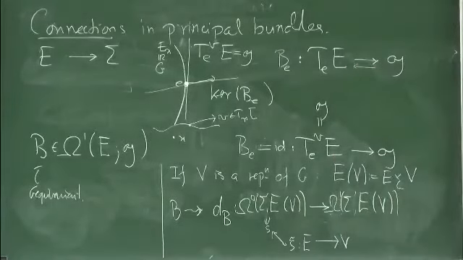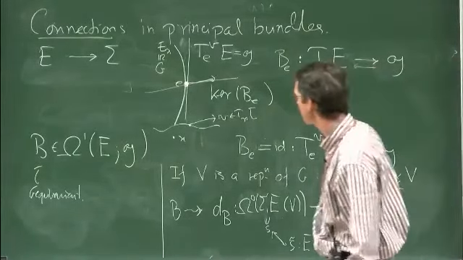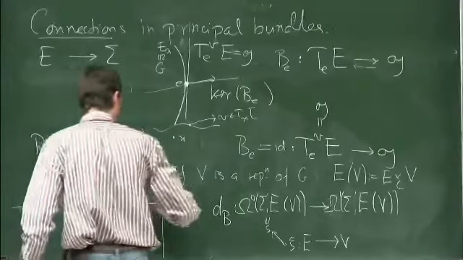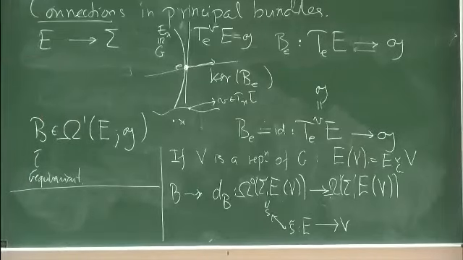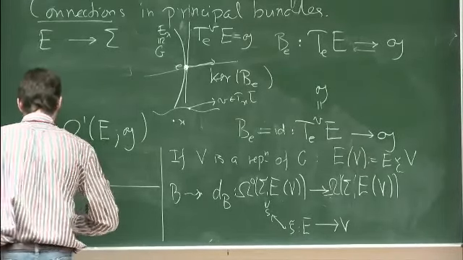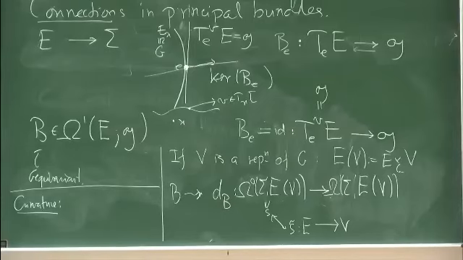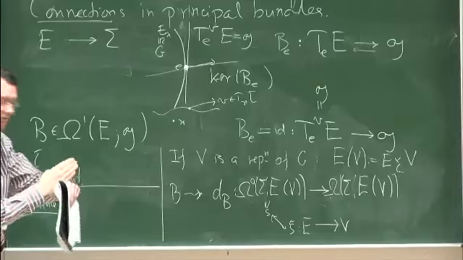Right, so that's one point about connections. Let me just also notice that given a connection, there's an associated curvature, which in some sense measures the failure of differentiations in different directions to be a commutative operation.